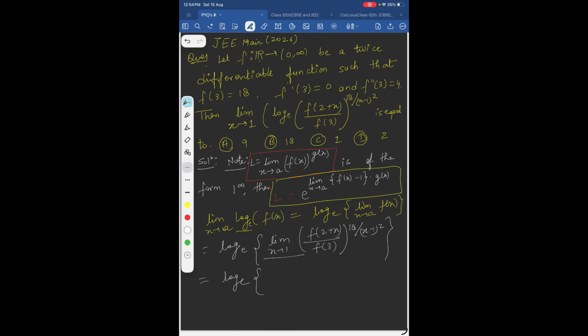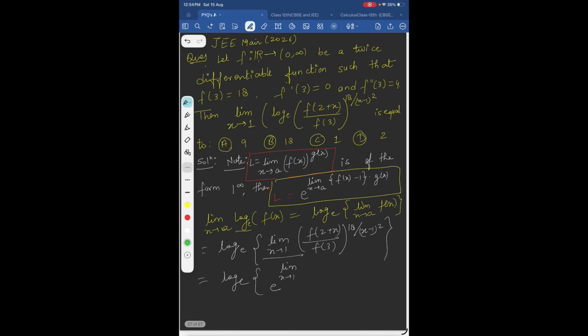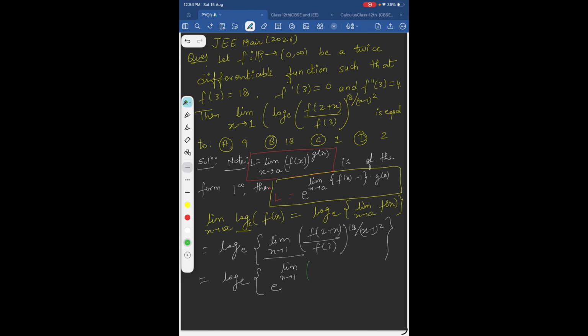So just apply, which is equal to log e power limit x tends to 1 of (f(2 plus x) upon f(3) minus 1) into 18 upon (x minus 1) whole square.